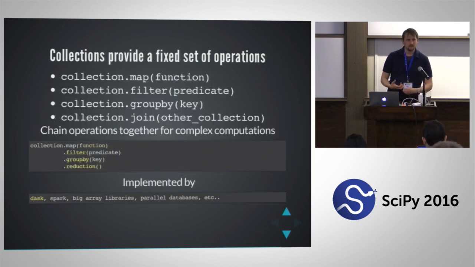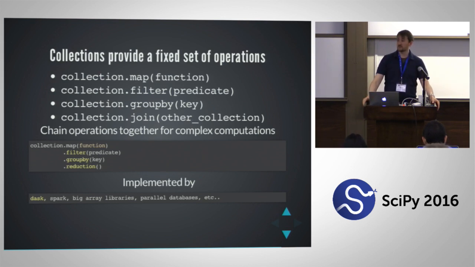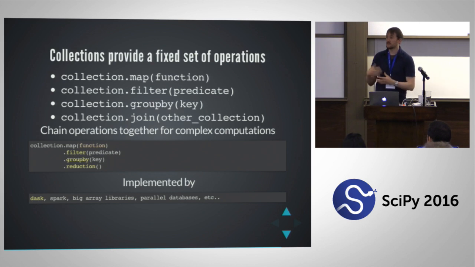So often they'll define a fixed set of operations that you can do on that data, such as map, which is common, and filter, so say give me the items that match some condition. You can group elements. You can join collections with other collections.